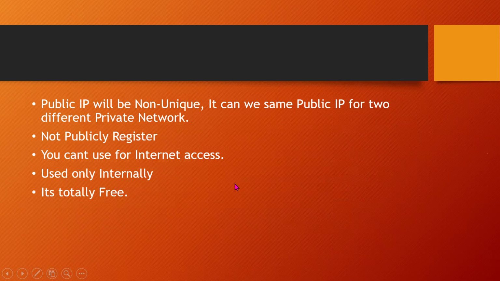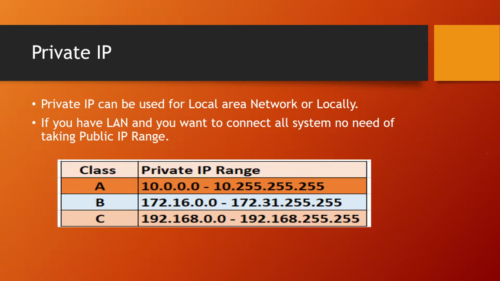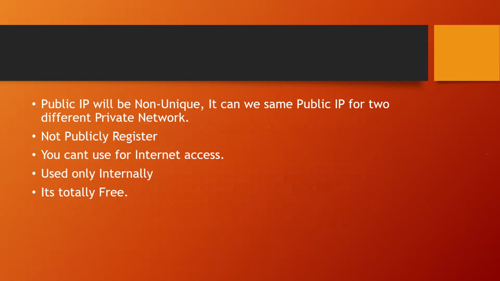Okay, so what is this? Private IP will be non-unique, and it can be the same private IP for two different private networks. So this IP is not unique. Public IP can be unique, but private IP will be non-unique, right?